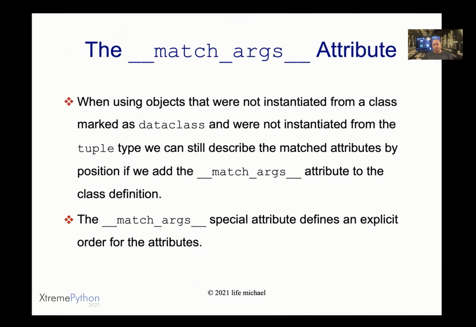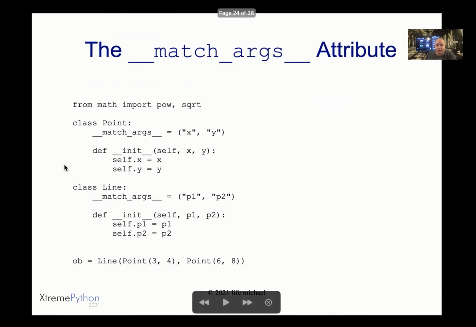Okay. Now, what happens if you are using objects instantiated from a class that wasn't marked as a data class? In that case, there is still something to do about it. We can simply add to the class definition the attribute match args and assign it with a reference for a tuple that holds strings which are actually the names of the attributes every object instantiated from that specific class has.